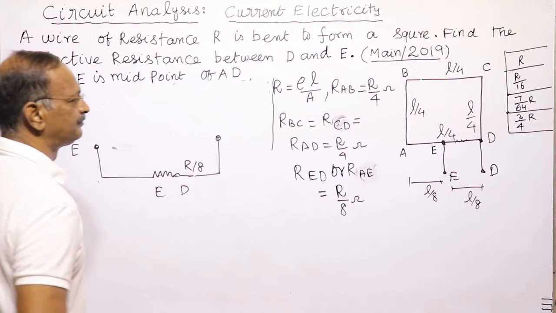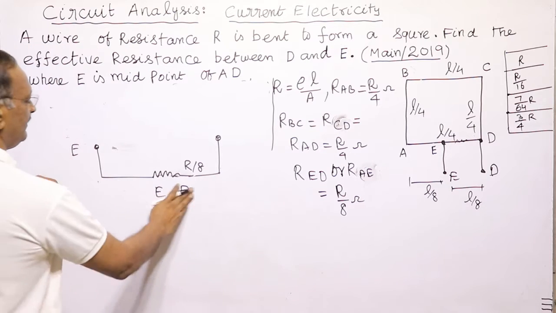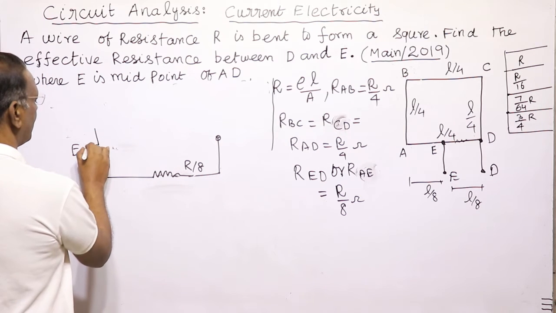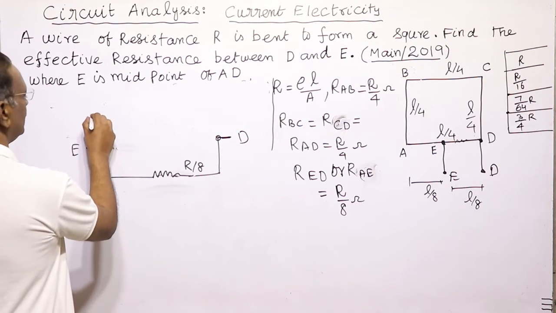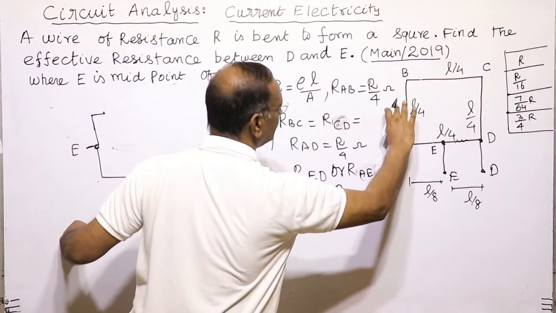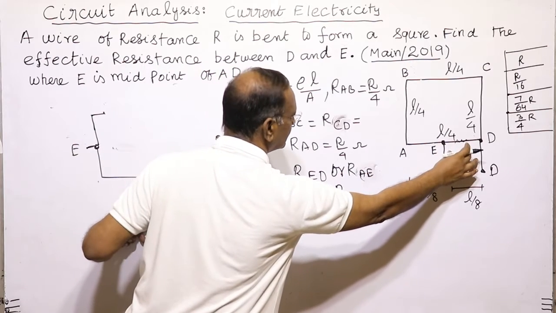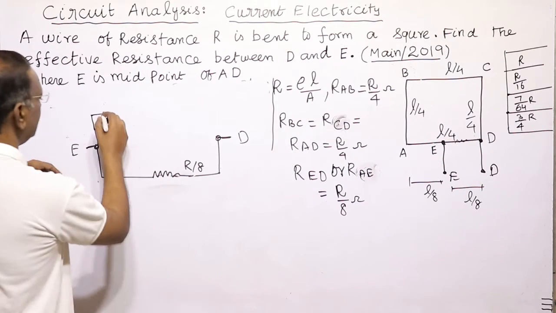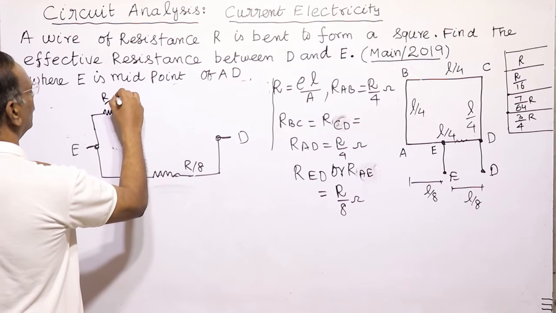And between E and D there is one more circuit, with 4 resistances here. Because this is separate, these 2 points we have written here, the resistance between E and E is equal to R by 8 ohm.